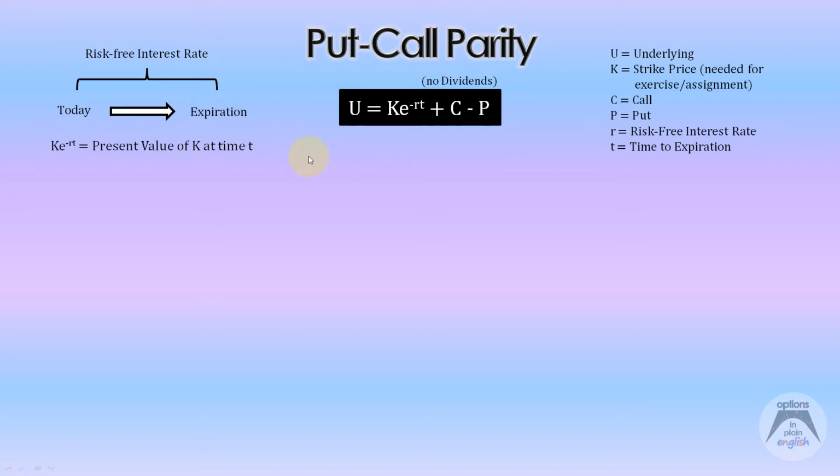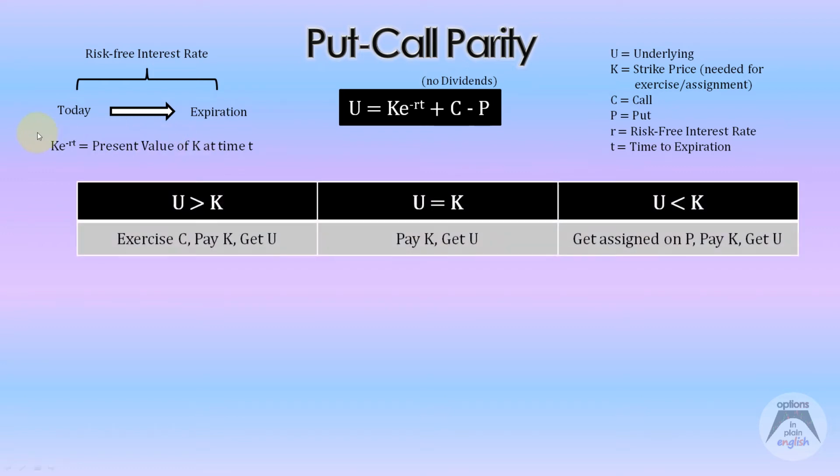Okay, but let's focus on the relationship between stocks, calls, and puts. Why am I saying that this relationship is true? At expiration, let's analyze this at expiration. What happens if the stock expires and it's higher than the strike price?